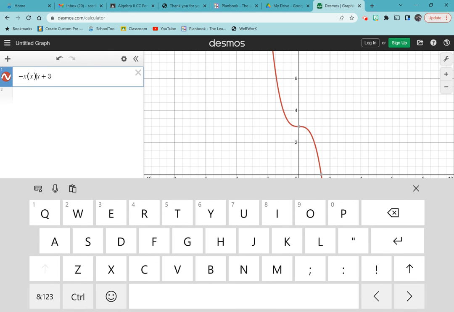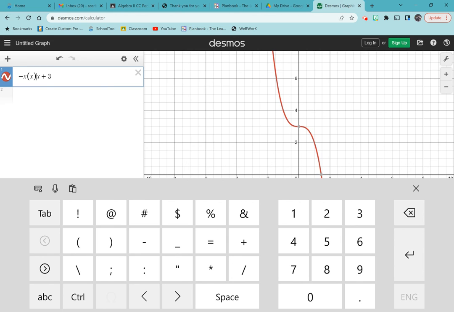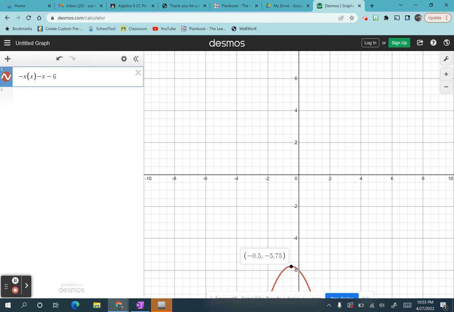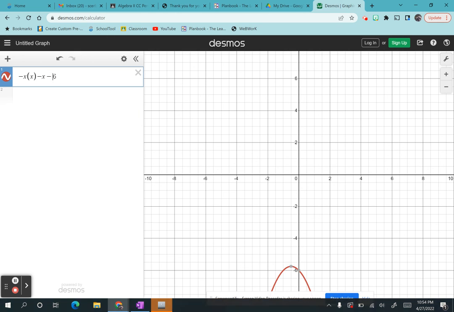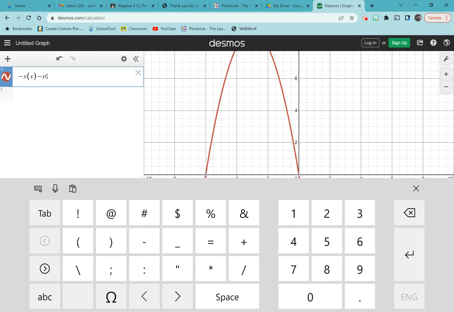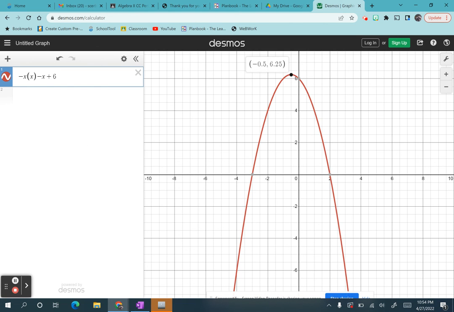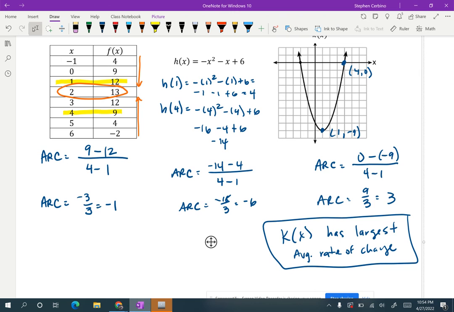And we can see the vertex there is (-0.5, 5.75). Oh, no, it's plus 6. Let's fix that. Plus 6. So we have a vertex here of (-0.5, 6.25).